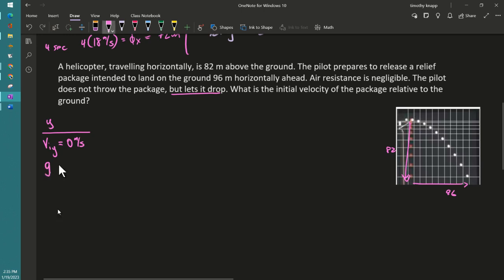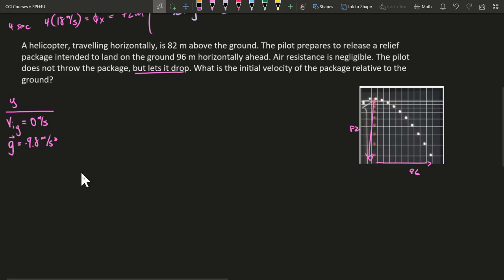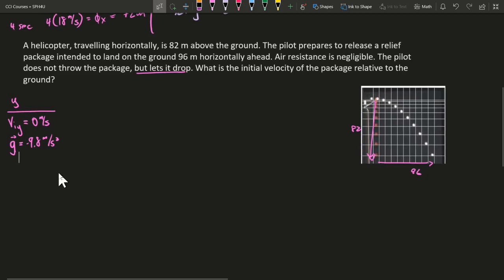I also know that the acceleration due to gravity is going to be a negative 9.8 meters per second squared. Okay, I'll make that into a negative. Let's see, what else are we able to assume here? I'll make this a big screen so we can have more space.